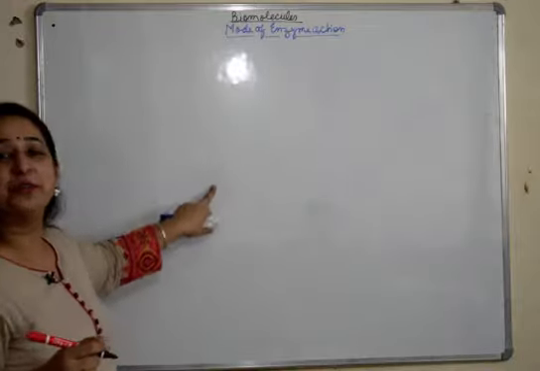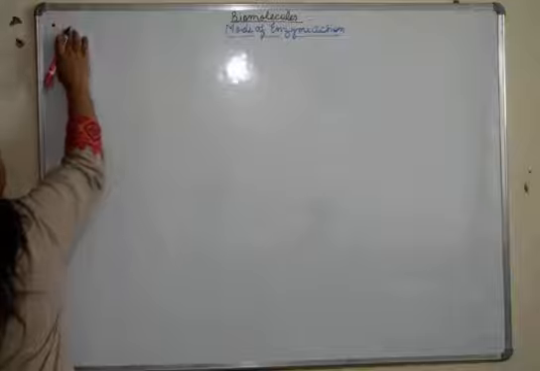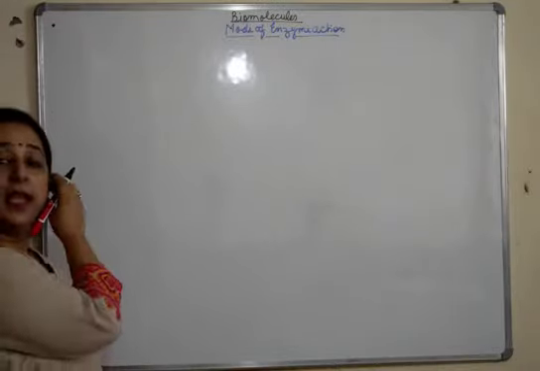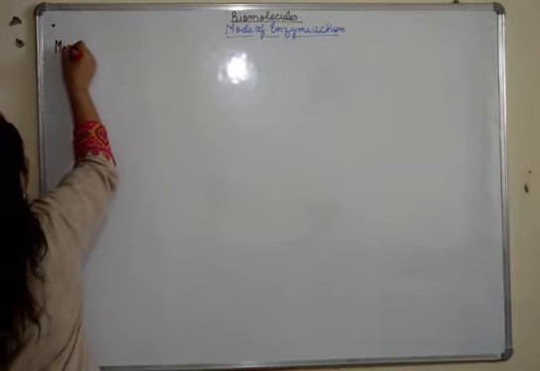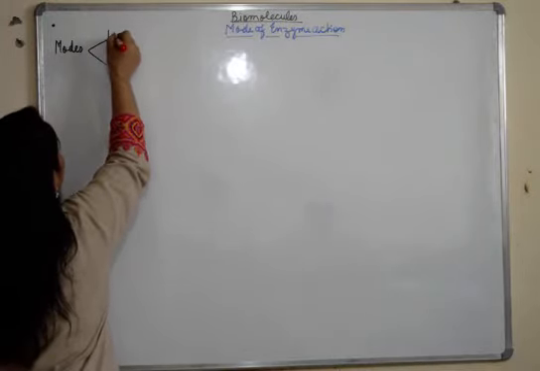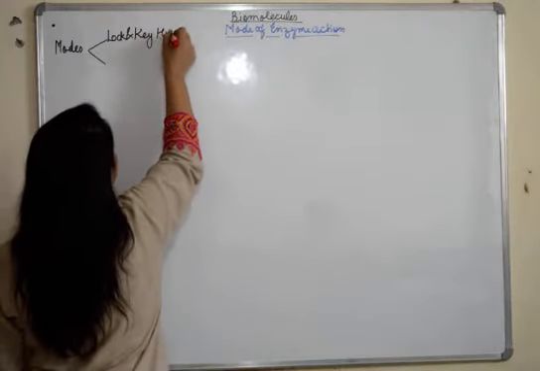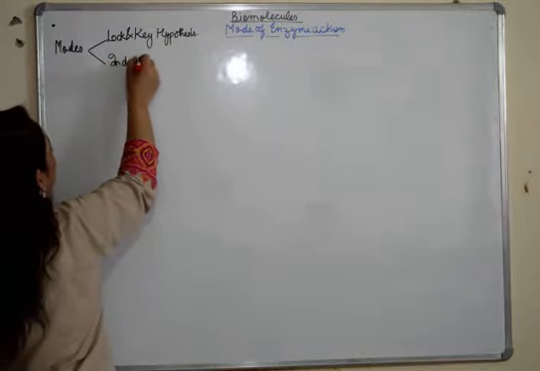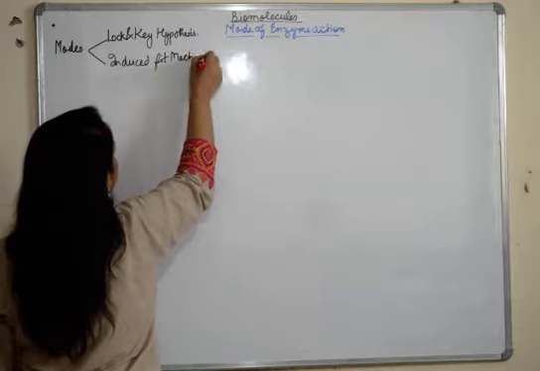We'll start mode of enzyme action. Now there are two modes of enzyme action which have been given by two different scientists, or two theories have been given. So the first one is lock and key hypothesis, and the second one is induced fit mechanism.